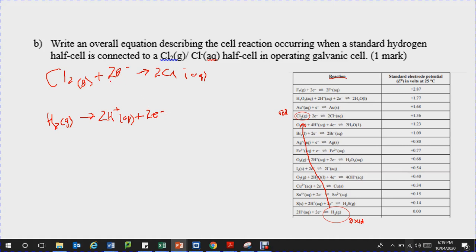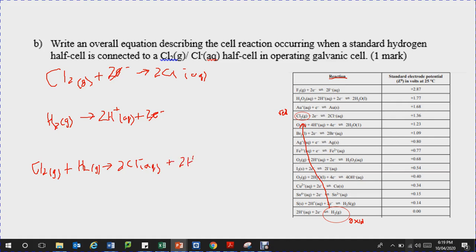If we combine these equations, those electrons will cancel out, and I add what I've got left. So I've got chlorine gas plus hydrogen gas will give me 2 chloride ions and 2 hydrogen ions.